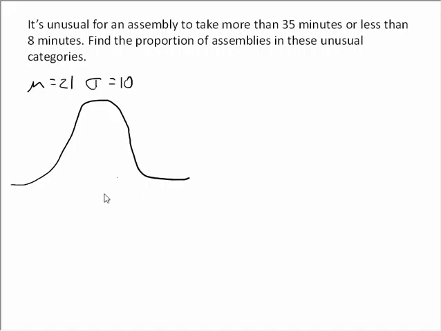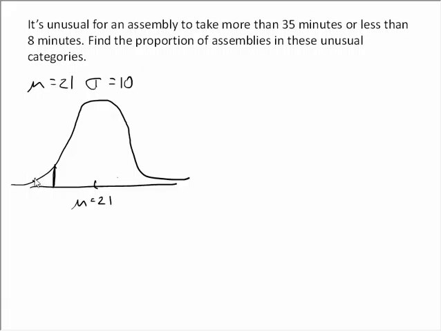Once again, I draw myself a really bad picture. We still have the mean of 21. We still have the standard deviation, population standard deviation of 10. And what are we looking for? 8 minutes. He's got to be pretty low down here. So we want them less than 8.